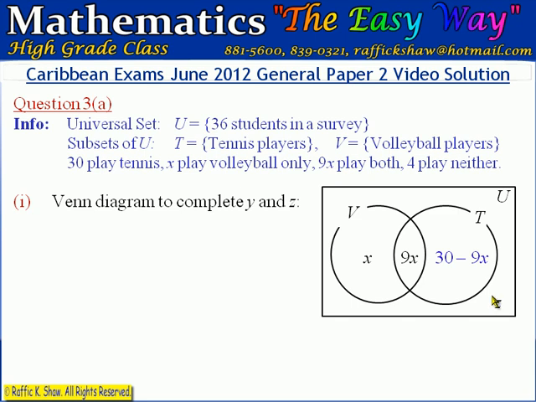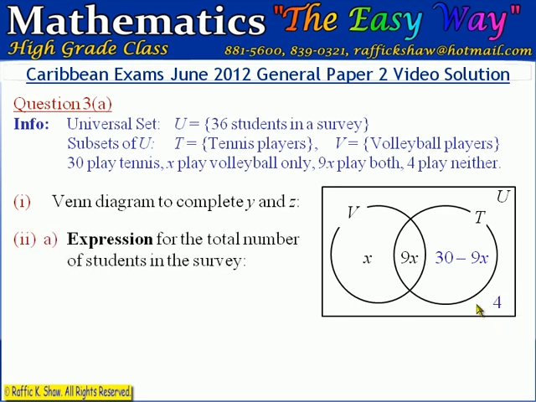So outside here is where we place the students who play neither volleyball nor tennis, so z must be 4. So that's the Venn diagram completed.